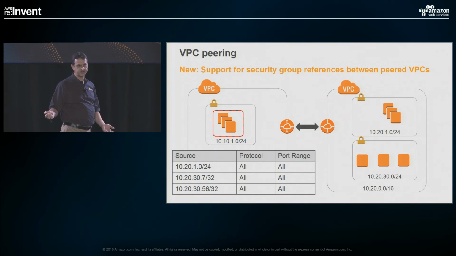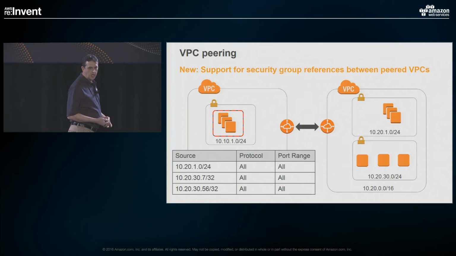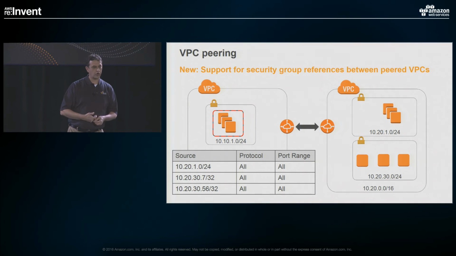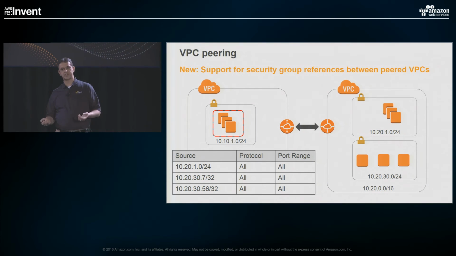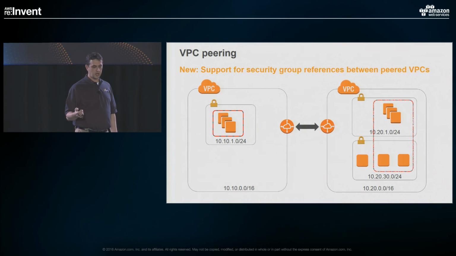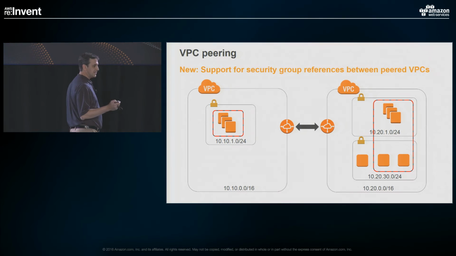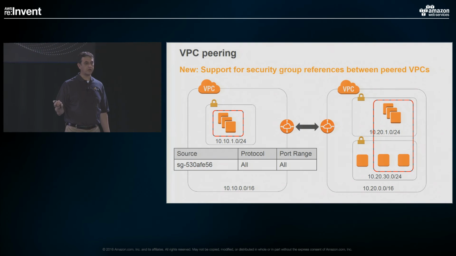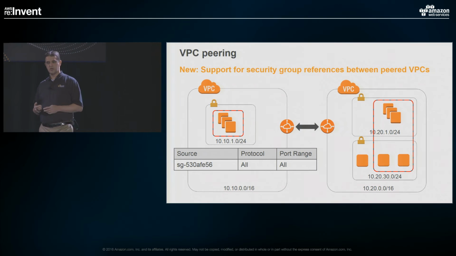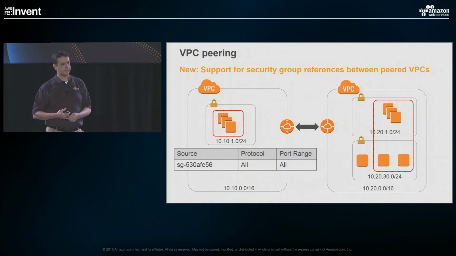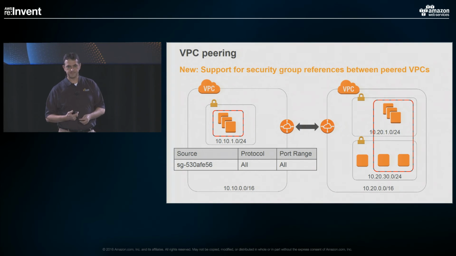For example, you add a different subnet in VPC B, you add additional EC2 instances, and you had to continually update your security group rules with those CIDR blocks. With this new capability, now all you need to do is put the resources in the remote VPC in a security group, and then you can reference that security group in your rules in VPC A. Greatly simplifies the management of your security groups with VPC peering.